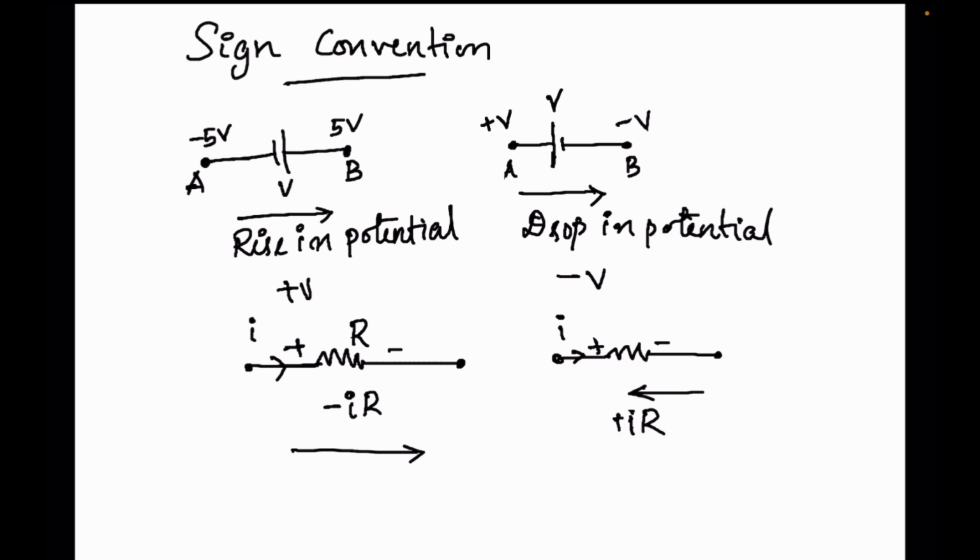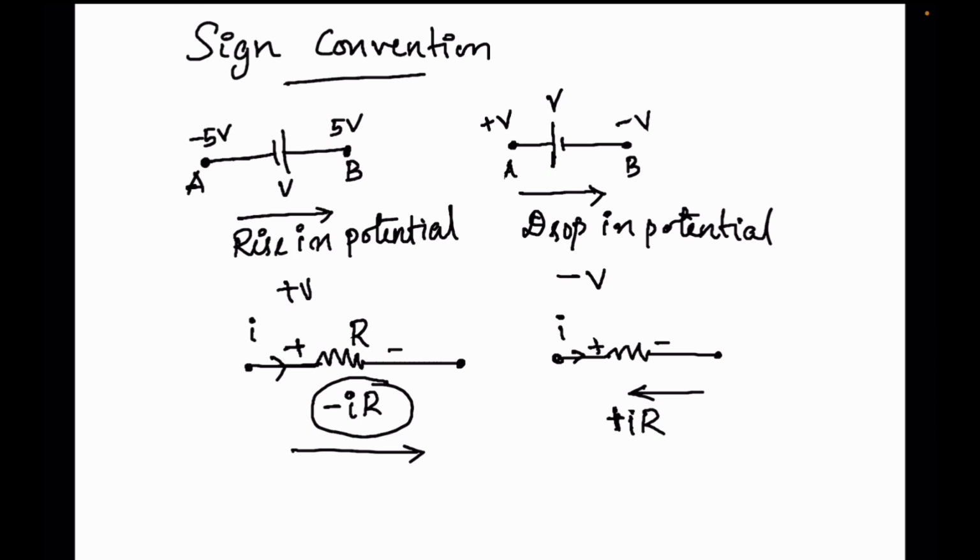So it will always be taken as minus IR because there is a potential drop. Suppose in some questions, the current direction is given in the opposite direction to the plus minus. In that case, you have to take it as plus IR. Usually we will go with the first one.